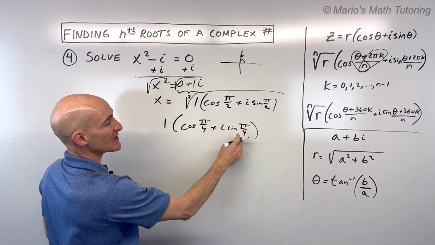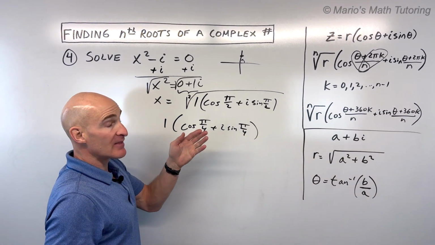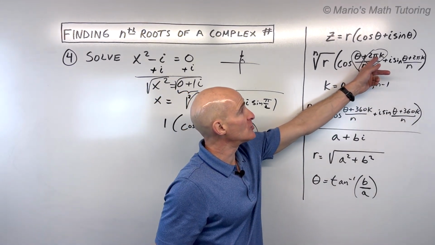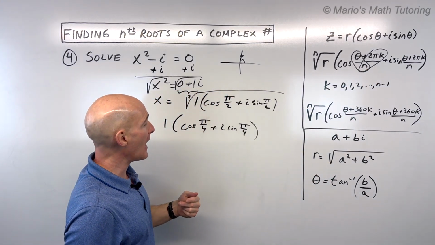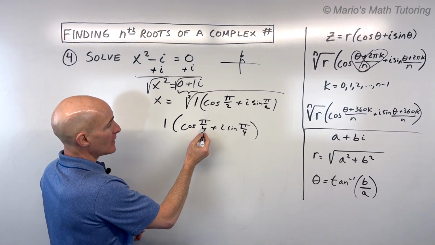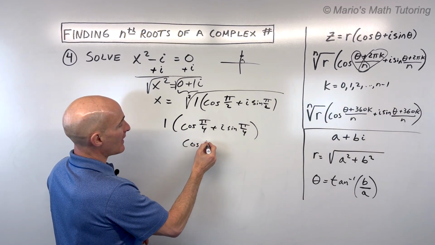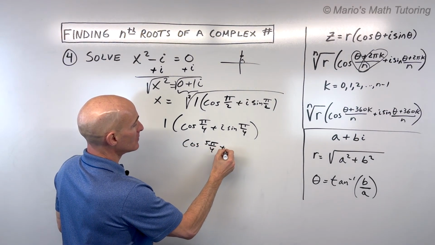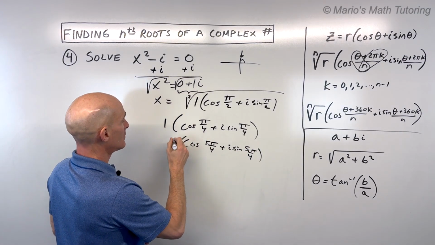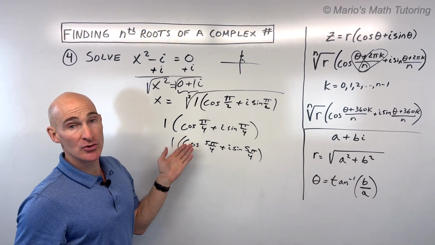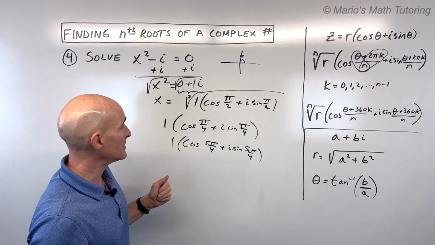But to find the next angle, we're going to have to add 2 pi divided by 2, since it's the square root. So we're going to have to add pi to get the next angle. So pi plus pi over 4 is going to be 5 pi over 4. And these are the two roots in the trigonometric form.